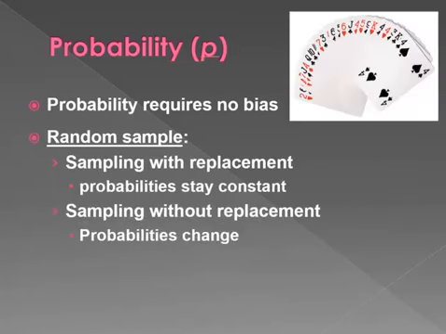Okay, so random sampling can be done with or without replacement. Typically in psychology, it's done without replacement, but I'm going to explain both of them anyway. So sampling with replacement would be like, let's say you want to find the probability of some event where, maybe you're selecting lottery balls or something like that, and the numbers are between 1 and 60.